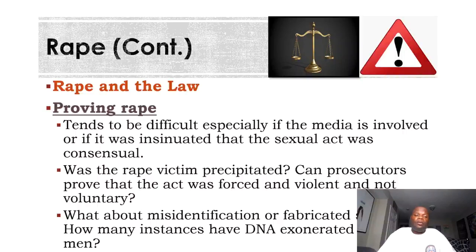Oftentimes the courts don't usually want to deal with these cases. They will, but generally speaking, there's a lot that can happen. Someone can recant or change their story. They can go ahead and not cooperate. They can even say nothing happened. You guys are being overzealous. It is a very difficult case to prove, sometimes in a court of law.